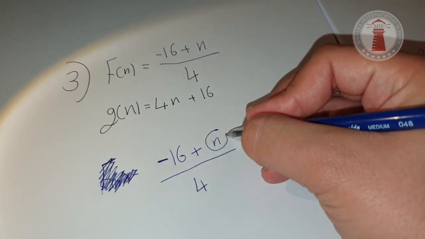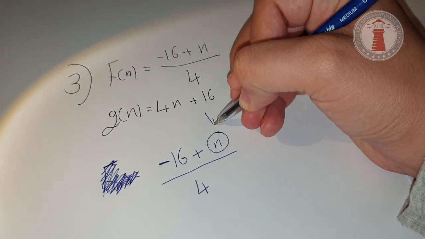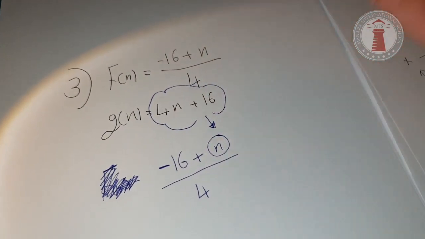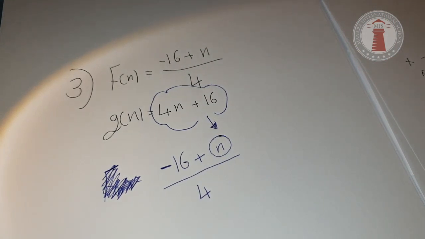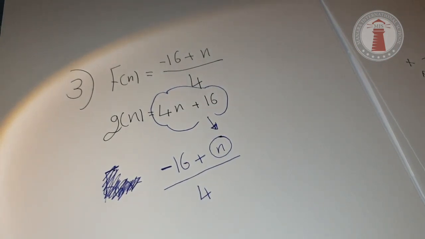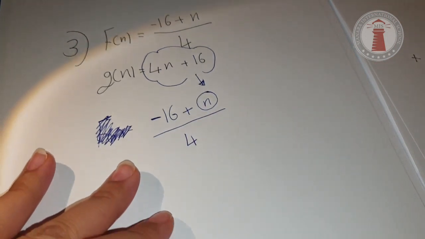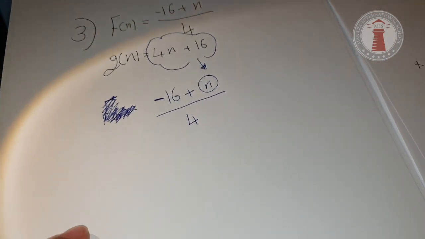Now, instead of n here, we're going to put g of n, which is this whole function, both terms. So instead of n, we're substituting 4n plus 16.